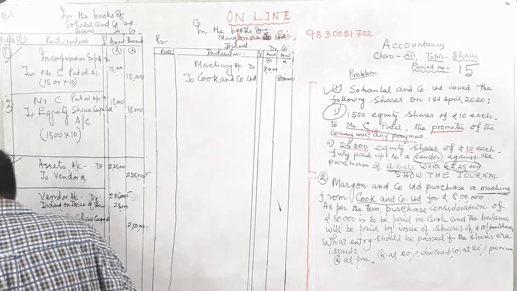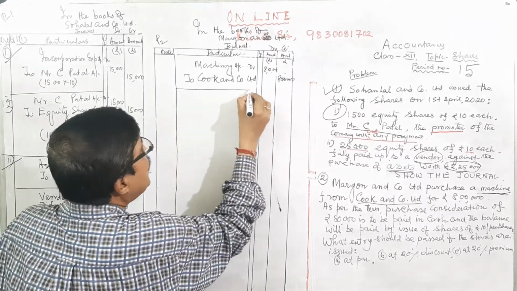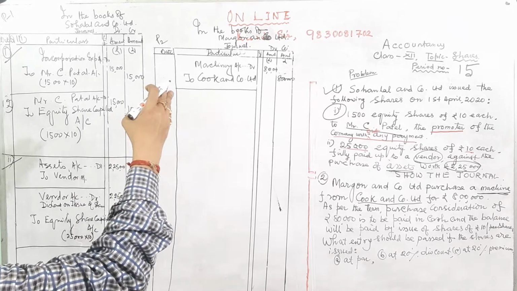What will be the next entry? For the next entry, we are giving some payment to the vendor company.